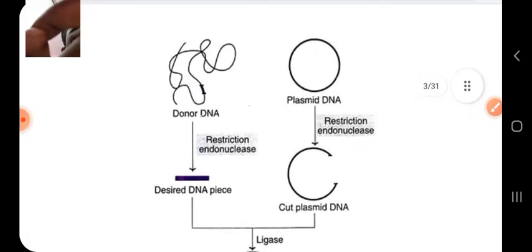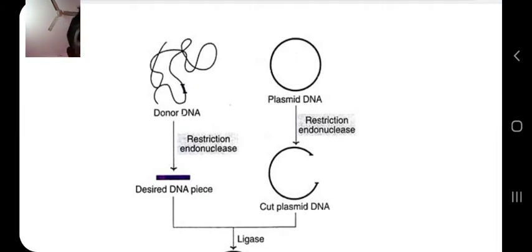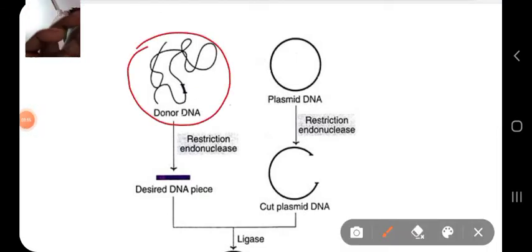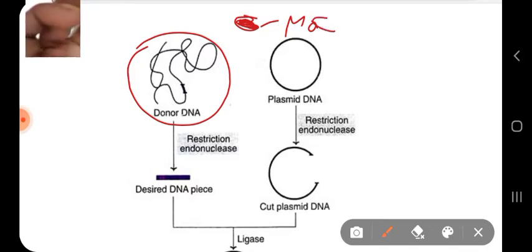So here you can see I am zooming in now. Here is the donor DNA. Let's suppose there is an organism like a mammalian cell, and from the mammalian cell we have isolated the DNA. There are various ways through which we can isolate the DNA, like the phenol chloroform extraction technique.